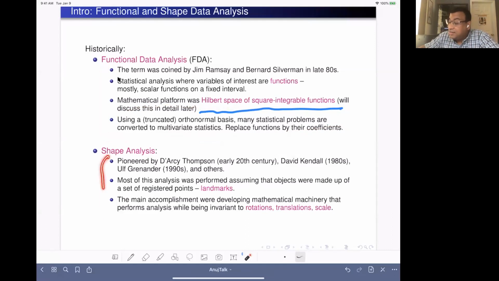On the other hand, shape analysis was a completely distinct discipline in the sense that there was a completely different set of people working in this area. It's pioneered by really big names. D'Arcy Thompson has a book in 1905, a very important book, studying shapes of different objects.